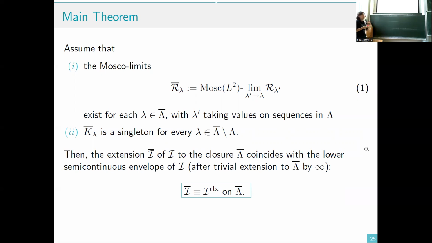If these two conditions hold, then this extension that we were defining before is nothing but the relaxed functional of the original I. There is this identity when we extend it trivially by infinity. So we have this identity.